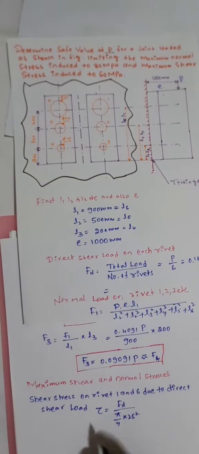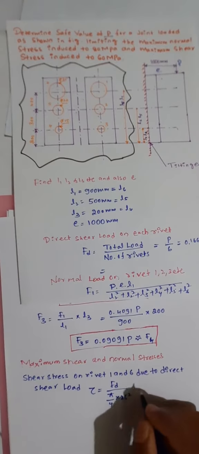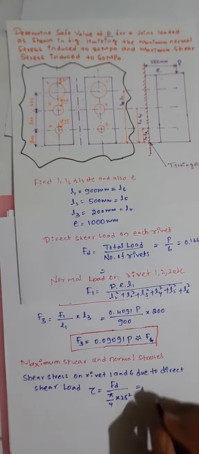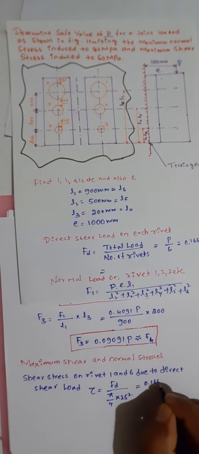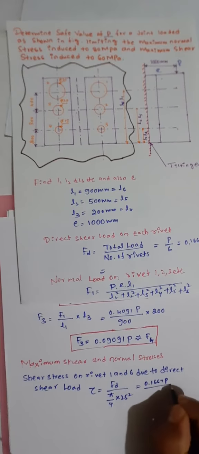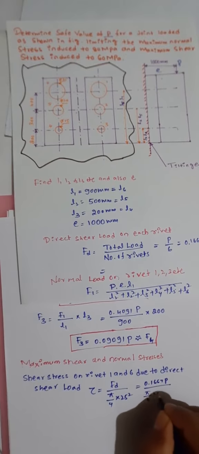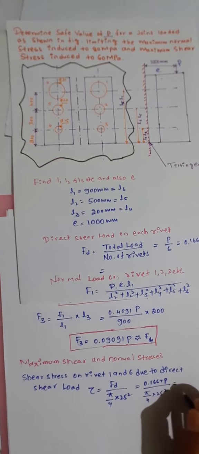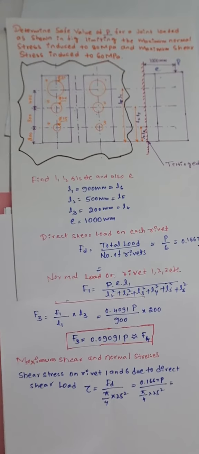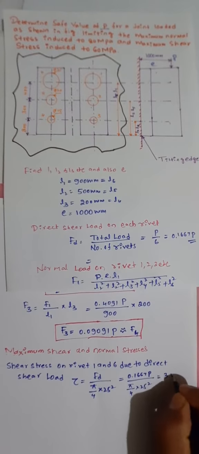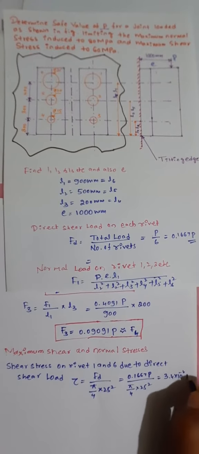So tau is equal to Ft divided by A. We know the value of Ft, that is 0.1667 P divided by 5/4 into 25 square. If you simplify this, we'll get 3.4 into 10 to the power minus 4 P.